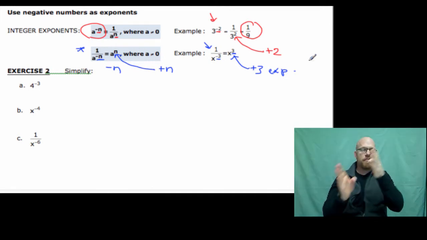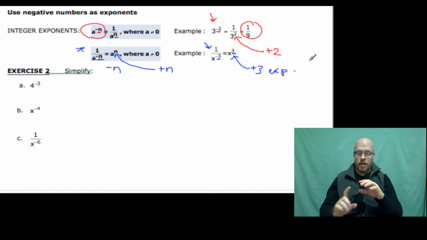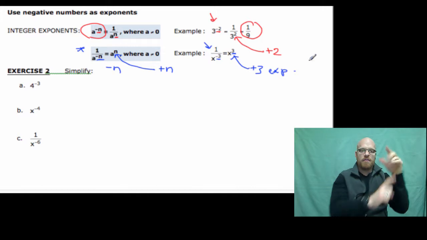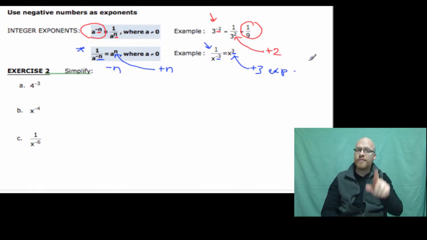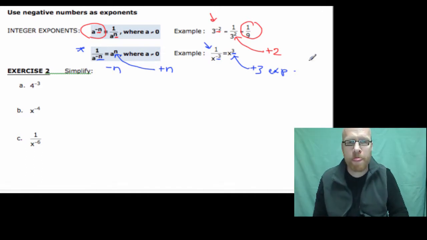It moves up and becomes a to the positive n. Now we had 1 over x to the negative 3. That denominator moves up to the numerator and becomes x to the positive third power. Remember, same thing here. We cannot have a equal 0. The reason being, and I'll show you why.